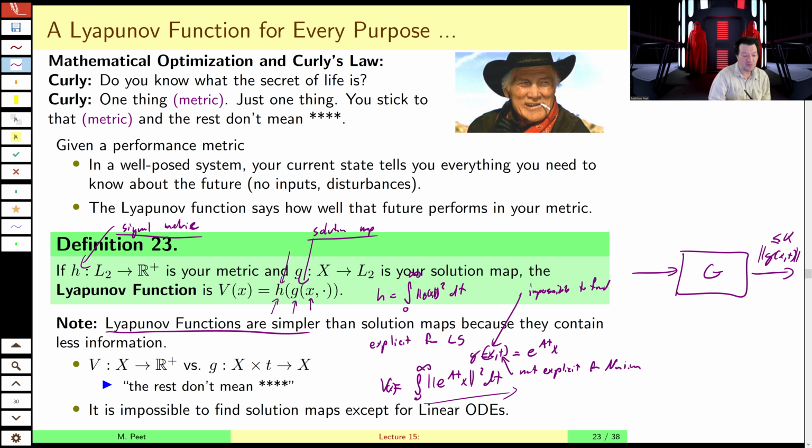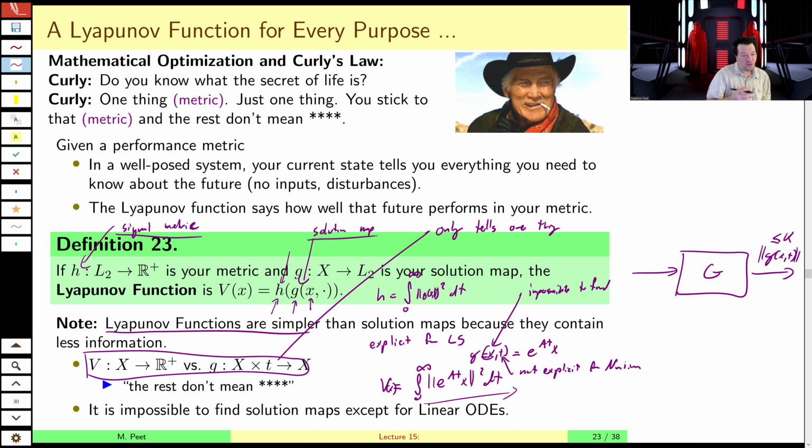So it's almost impossible to find the explicit expression for that. But it's much easier to find a Lyapunov function. And the cost to that, of course, is that the Lyapunov function only tells you one thing. It tells you about your particular metric that you've chosen.